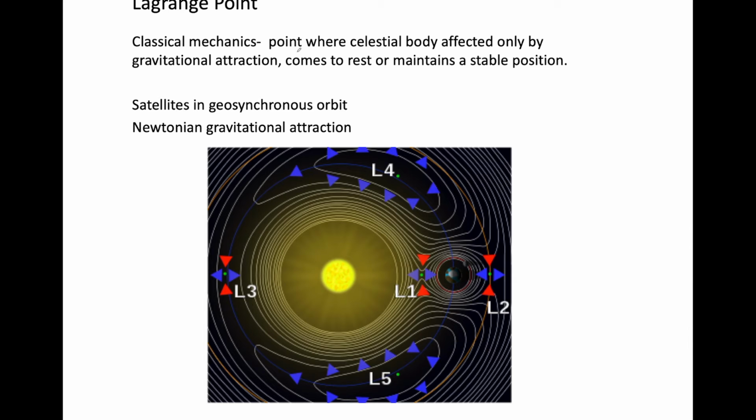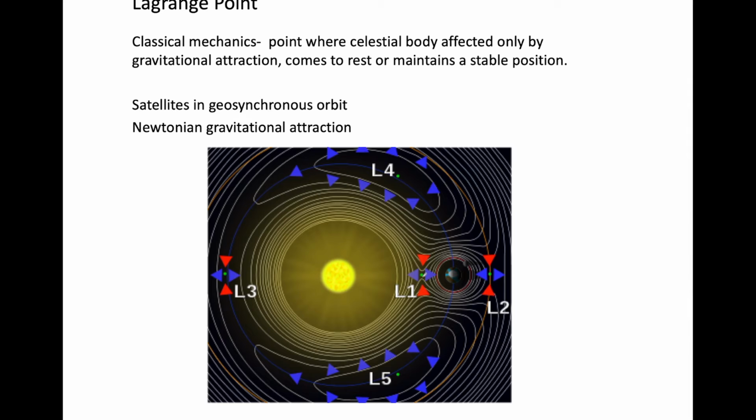And so in classical mechanics, the Lagrange point is where celestial bodies affected by gravitational attraction come to rest, or equilibrium, or a stable position. Now, of course, here we have the sun. The sun has mass, and points in space that contain mass, near the sun, are going to want to come closer and closer to the sun because of Newtonian gravitational attraction.